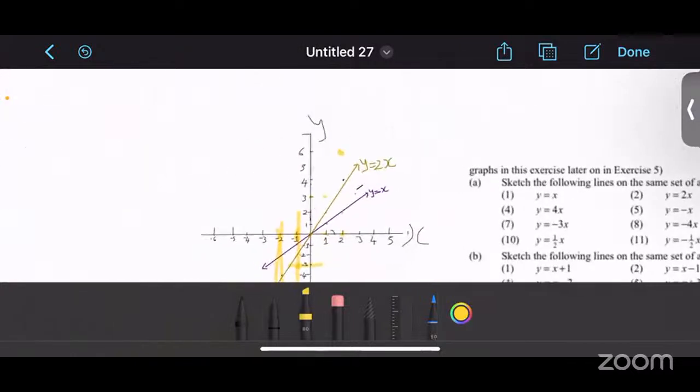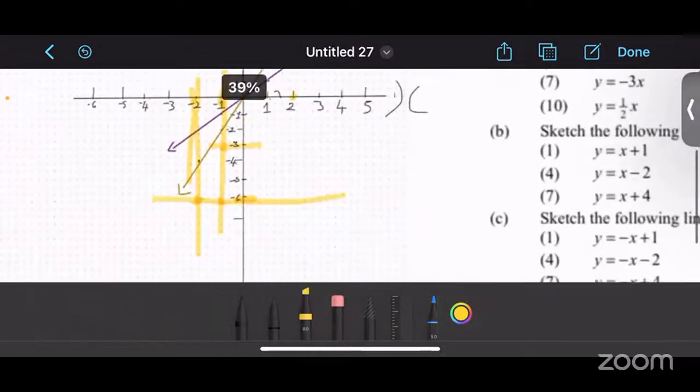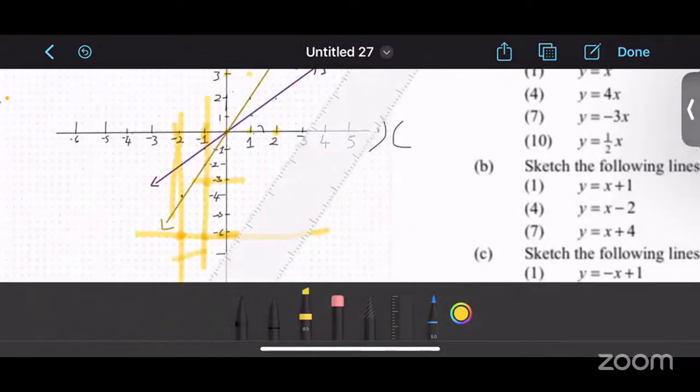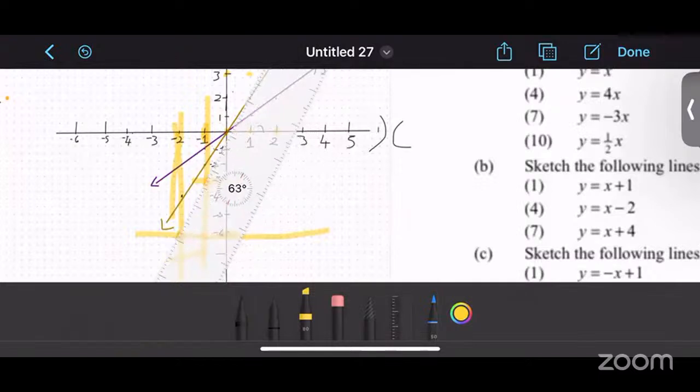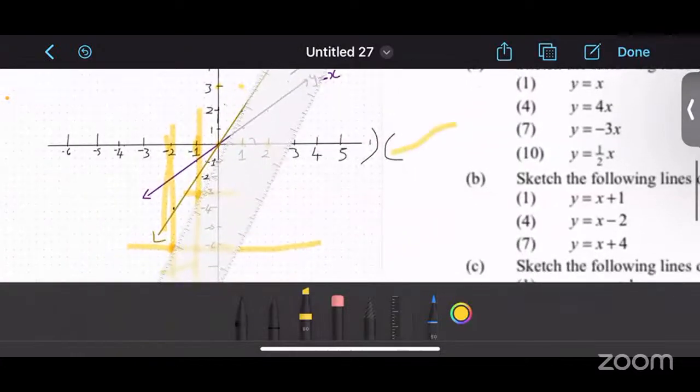And then the next thing that you're going to do, now that you have your coordinates pointed on this, you're going to take the ruler and connect the dots, right? So this is how the graph is going to be.